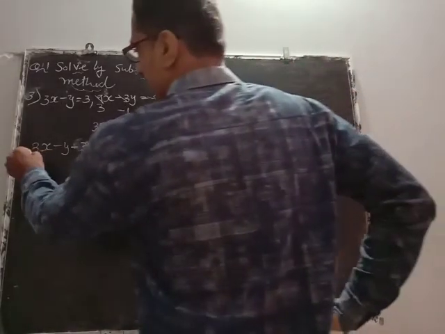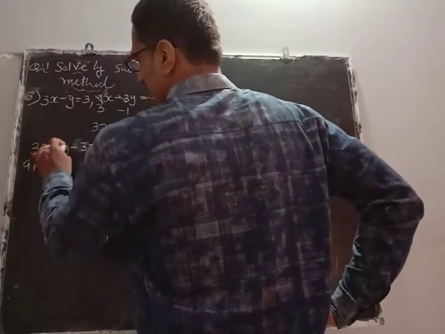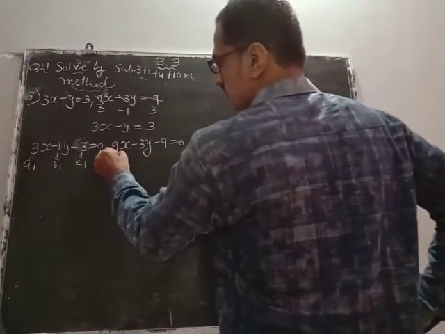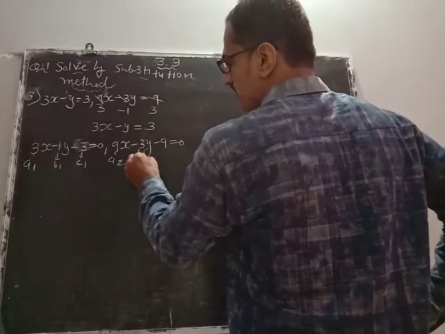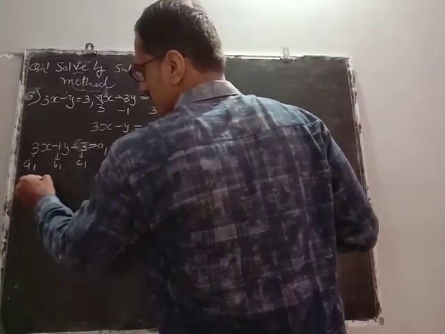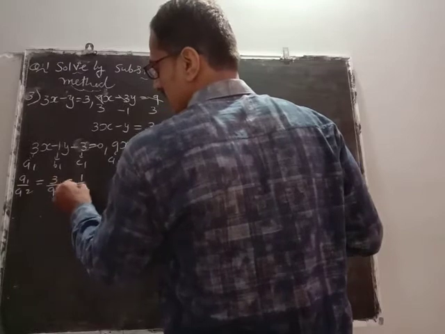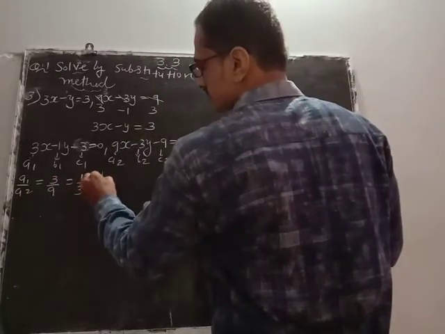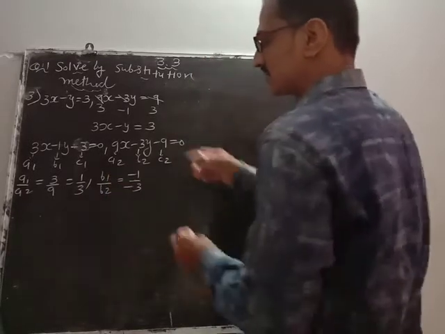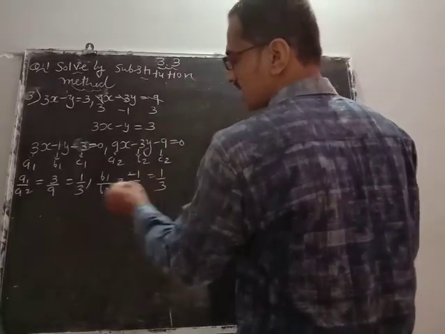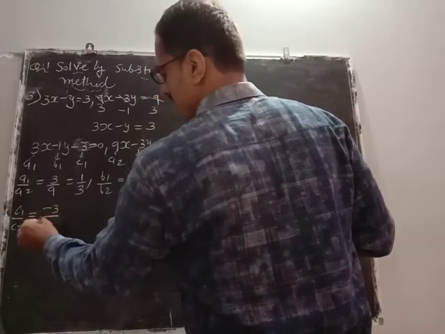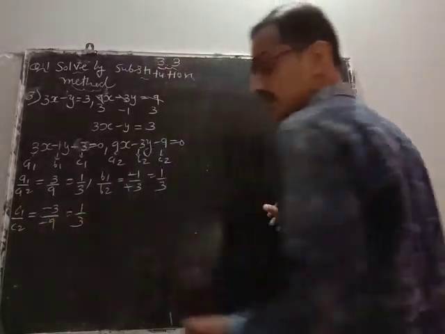So this will be a1, b1, c1, a2, b2, c2. a1 by a2 is 3 by 9, which is 1 by 3. b1 by b2 is minus 1 by minus 3, which is 1 by 3. c1 by c2 is minus 3 by minus 9, again 1 by 3.